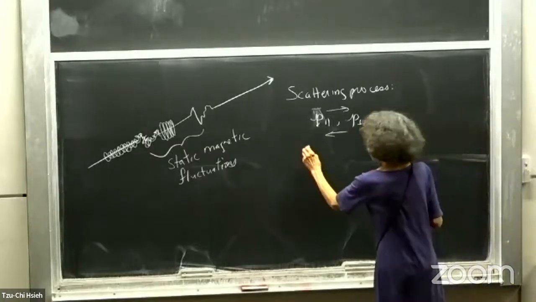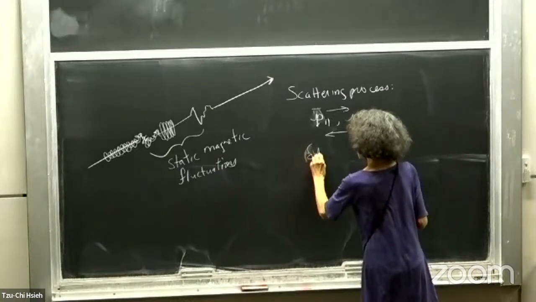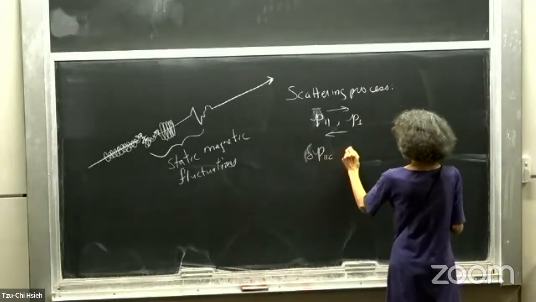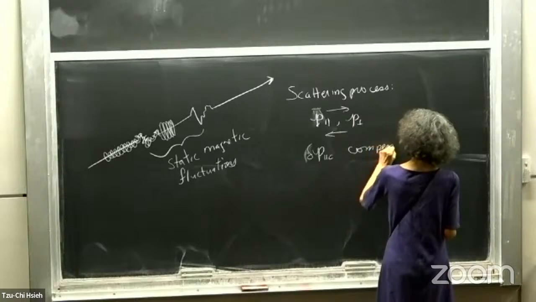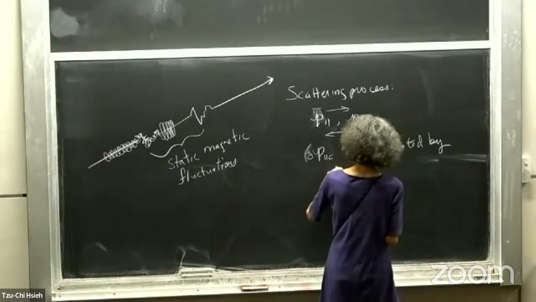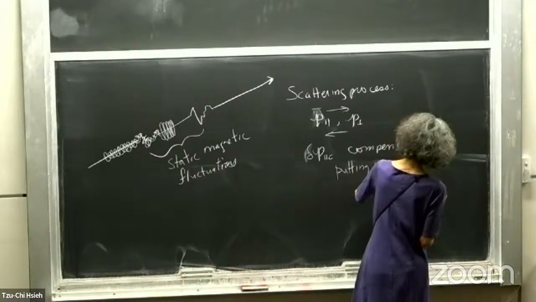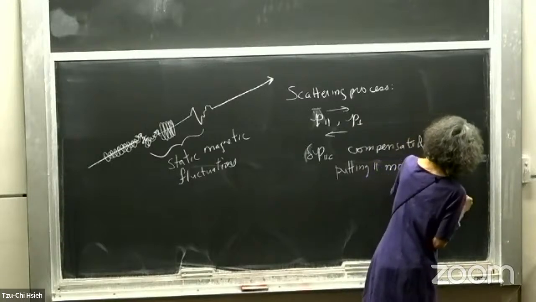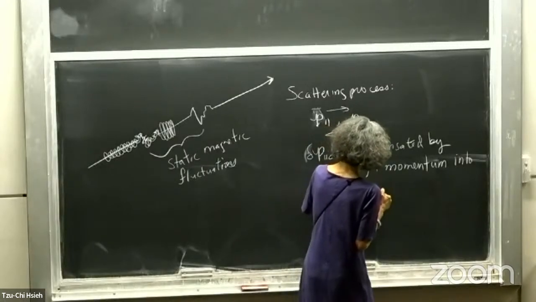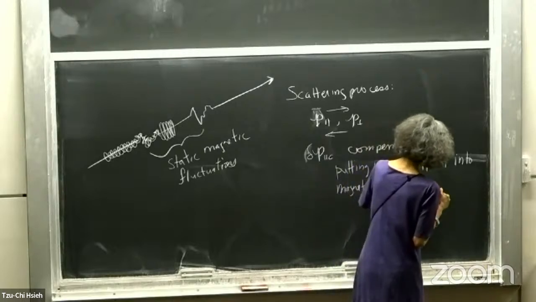And so delta P parallel for a cosmic ray is compensated by putting parallel momentum into the magnetic field and thermal gas.